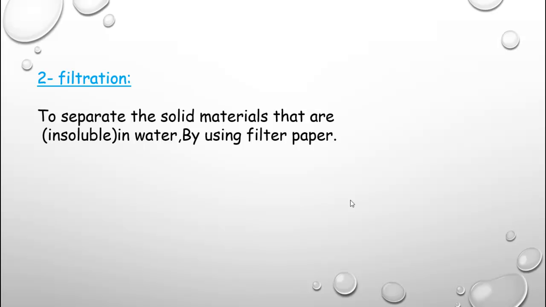So the filtration method, I use it to separate solid materials that are insoluble in water. Like what? As we said in the last video, insoluble, like sand. Sand cannot dissolve in water, so it's called an insoluble solid material.